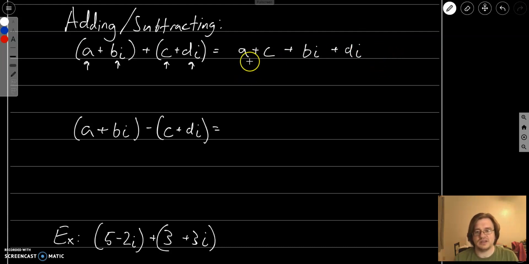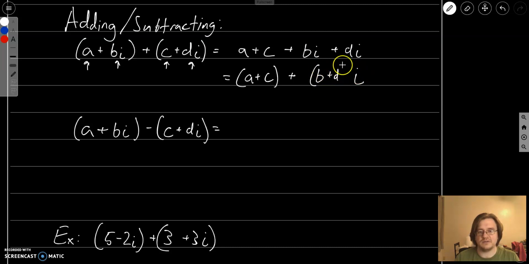And now, in order to write this in standard form, I have to have a real part and an imaginary part. So the real part, a plus c, I'm going to put out in front. The imaginary part, I'm going to factor out the i, and I'll have b plus d left over. So again, real part, imaginary part. Fairly straightforward. Again, everything should work roughly how you would expect it to. We just factor out the i and rearrange the terms.